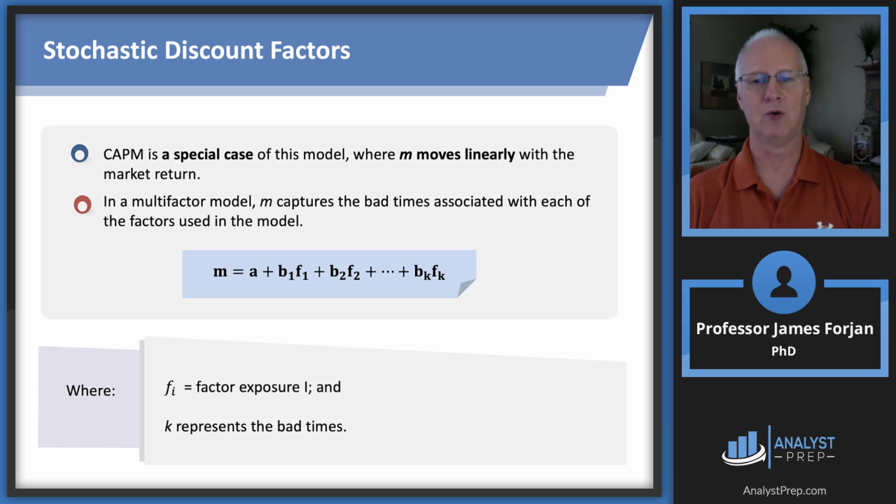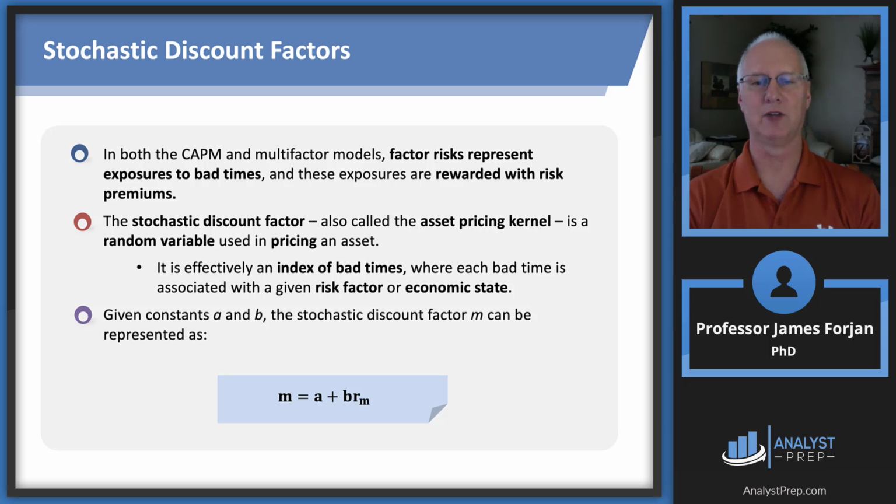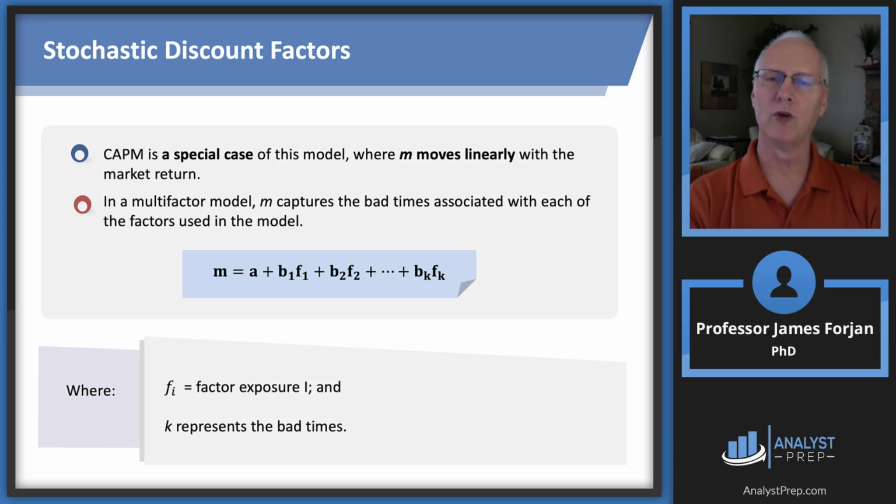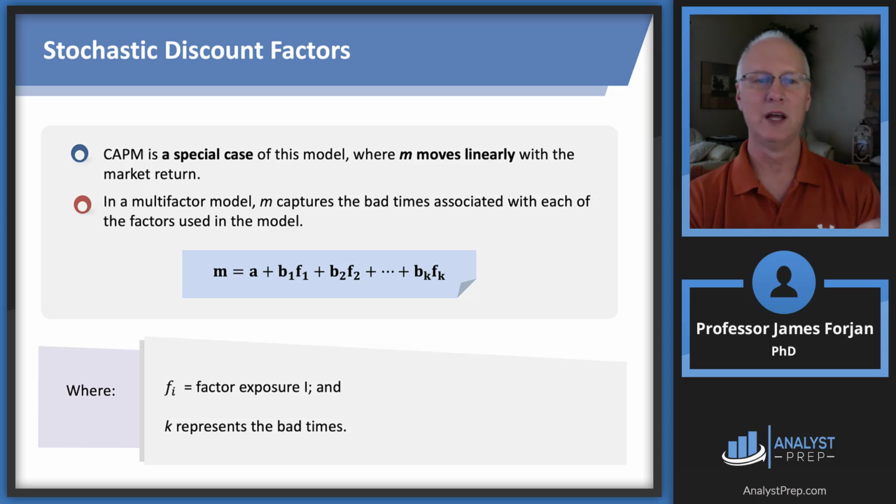And so look at how cool this one is back here, right? This M is going to be determined based on the big cloud, the market portfolio. But here, this stochastic discount factor is going to be determined by, well, what were those four factors? Interest rates and changes in GDP, maybe inflation, and the market portfolio in there, or maybe some sector market portfolios inside of there. Notice that that equation goes all the way out to subscript K on the right-hand side.